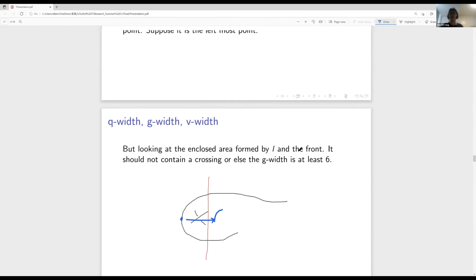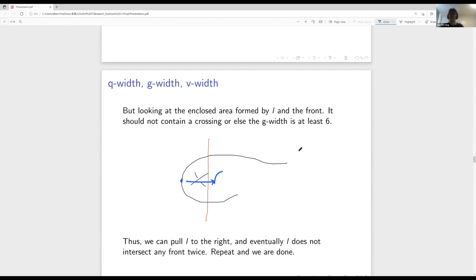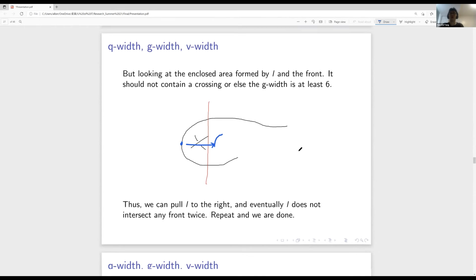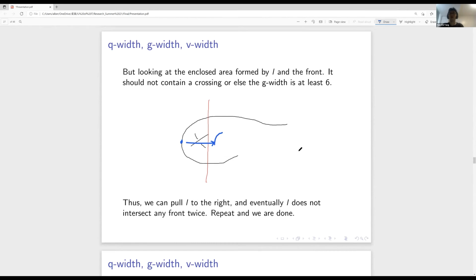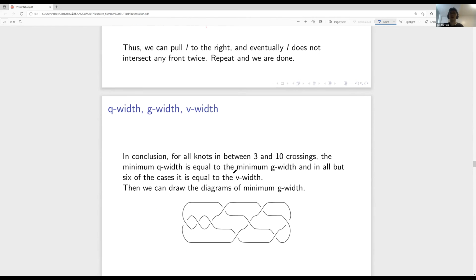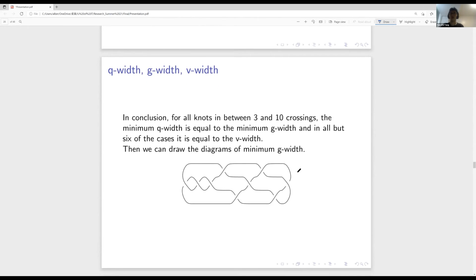with that information, we can theoretically create presentations of what the minimum quick width permutations of knots look like. For example, this one is a minimum quick width permutation of knot 9_13, which is the knot that we were looking at.